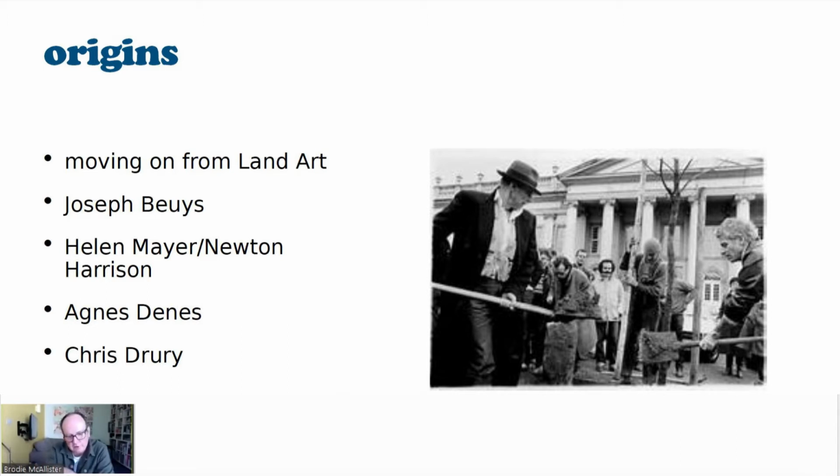So you've got pieces like Spiral Jetty. However, environmental art came along where there was a need to say more about the current problems of environment. So there are multiple examples of artists who picked that up from the 1960s onwards.